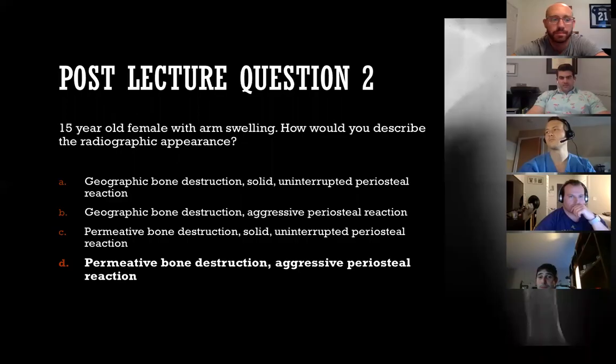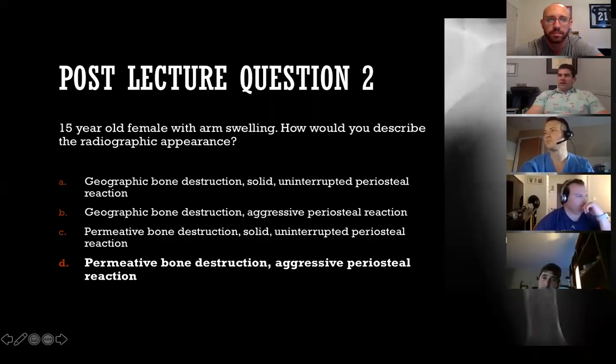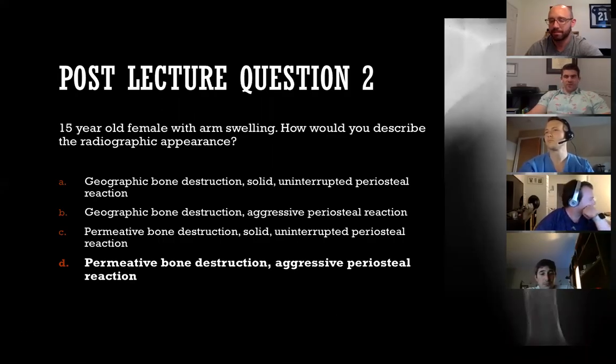Pretty good. So again, this is a lesion in the humerus. We talk about a poorly defined region of bony destruction, calling this permeative. And then we look at the periosteal reaction right here, and you can see the multiple layers and level of aggressiveness here. That's an aggressive periosteal reaction. This is an aggressive tumor, or Zach would say, scary.